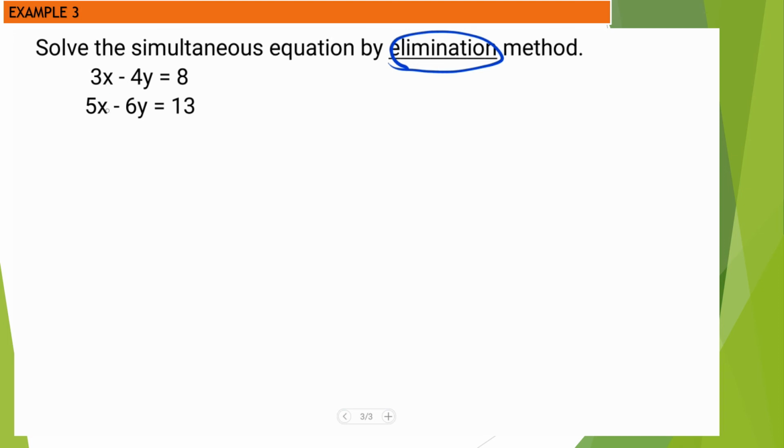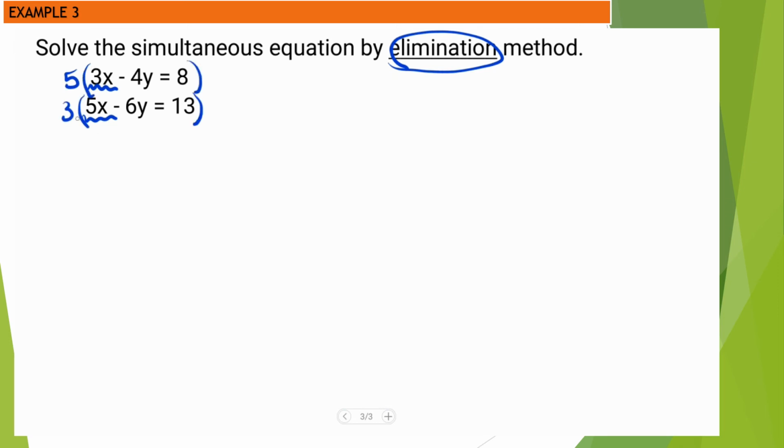So I need to make one of the variables' coefficients equal. The first thing I have to decide is which variable is going to be cancelled first. I'm going to get rid of x first and see their coefficients, 3 here and 5 in the second one. I can make them 15 by multiplying the first one by 5 and the second one by 3.